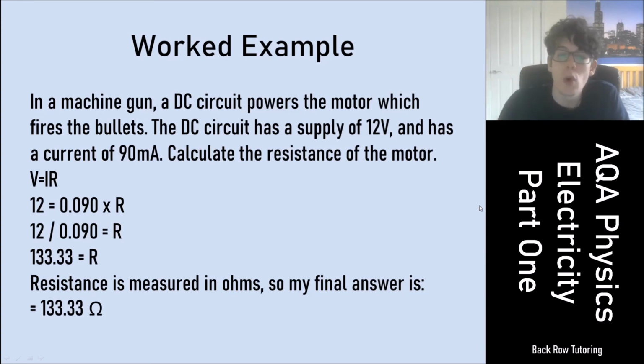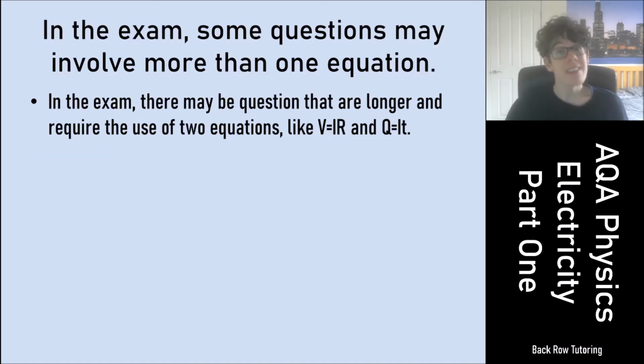Rearrange that formula. We're going to bring the 0.09 onto the other side of the equation. We're going to divide by that, and we'll get our resistance equaling 133.33. Since resistance is measured in ohms, our final answer is 133.33 ohms.